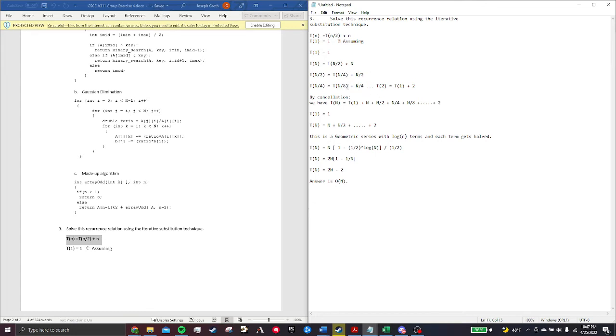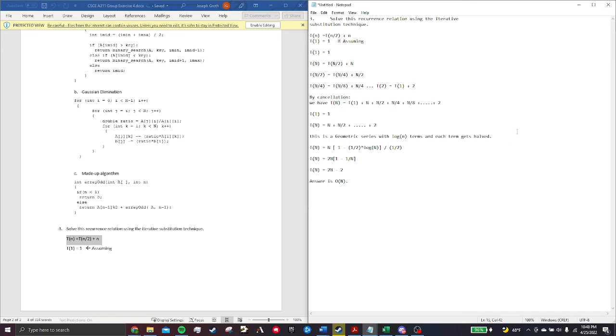And if you can see a pattern between these two, basically it will eventually go out to T(2) equals T(1) plus 2. And I'm not going to draw out all the nitty-gritty math, but basically we do some cancellation, clean up the numbers, and this is our relation: T(n) equals T(1) plus n over 2, and so forth.